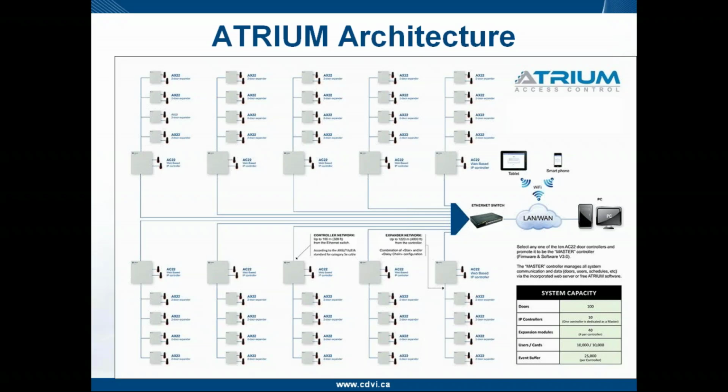SubControllers give me some redundancy if ever there is a communication failure. The SubController has a complete copy of the database. You can have up to 49 SubControllers, so you can do with the master up to 100 doors, all IP based. Whereas, hey, if I don't have any network capability, I only have one port. I can do up to 10 doors with one network port on the system.